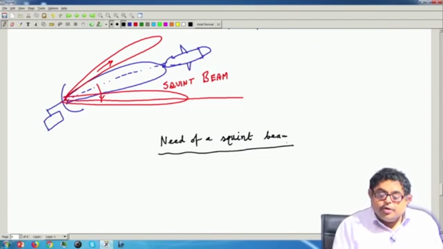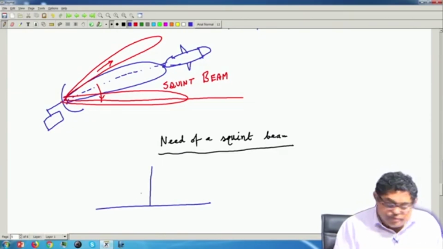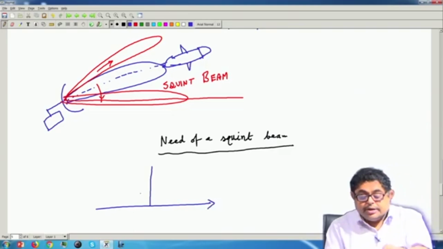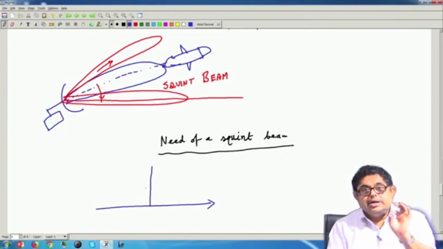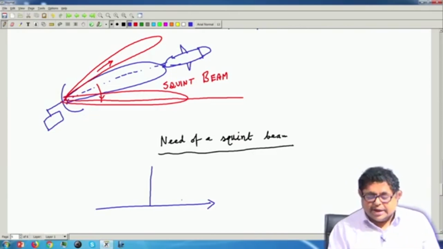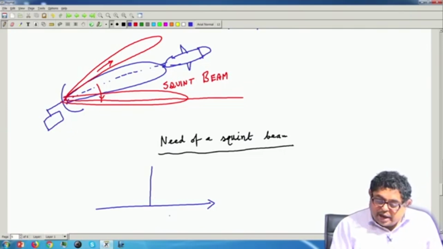So, let us say that I have a radiation pattern, because if I know the radiation pattern, I know the return at various angular points. That is called the radiation pattern of the antenna. Let the antenna be producing a direct beam.